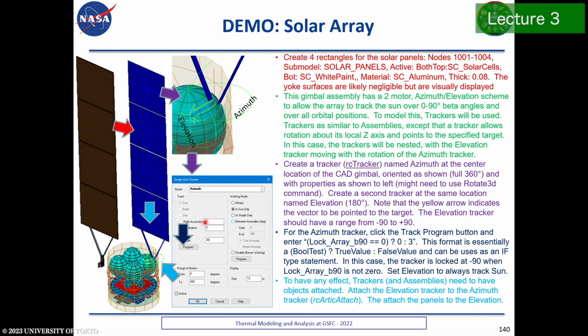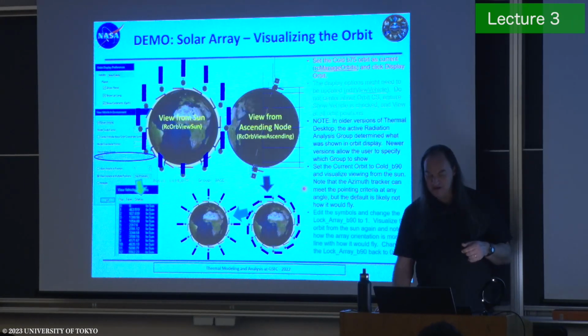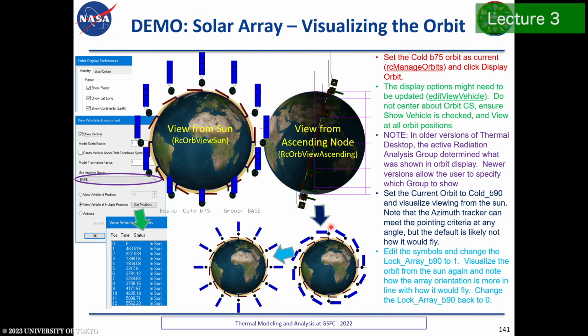So in this case, we're going to apply two contactors, or two trackers rather, and they're going to be nested. So one tracker is going to move based on another tracker tracking the sun. So one of the things that happens in this particular model is when you get to a beta 90, if I can see here, you get to a beta 90, you know, this is not a unique solution.